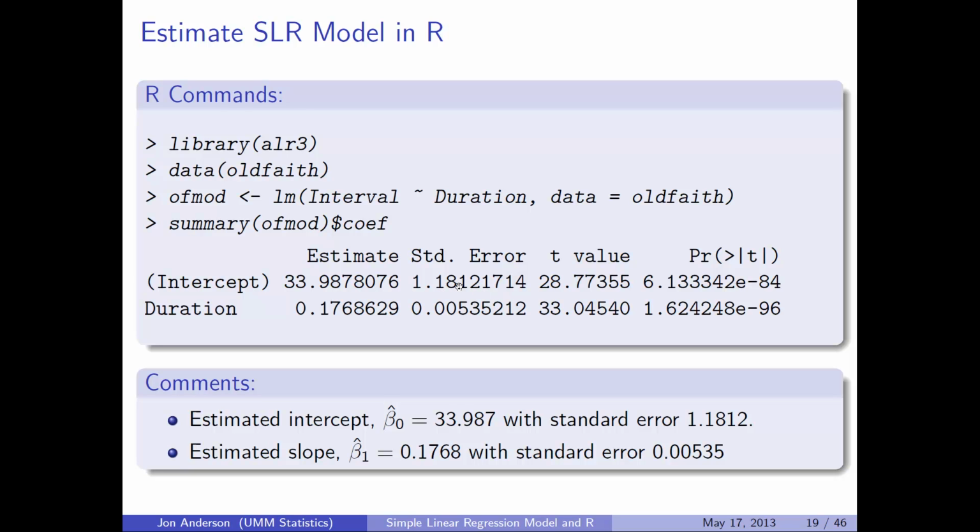That would be the estimated variation of the intercept, and the estimated variation of the slope is about 0.0053, and that tells you basically how much a beta 1 hat slope estimate will change from this sample to the next sample of the same sample size. You should expect the slope to differ by about 0.005 units. And so I would expect an estimate like this one to change from sample to sample by this standard error amount.